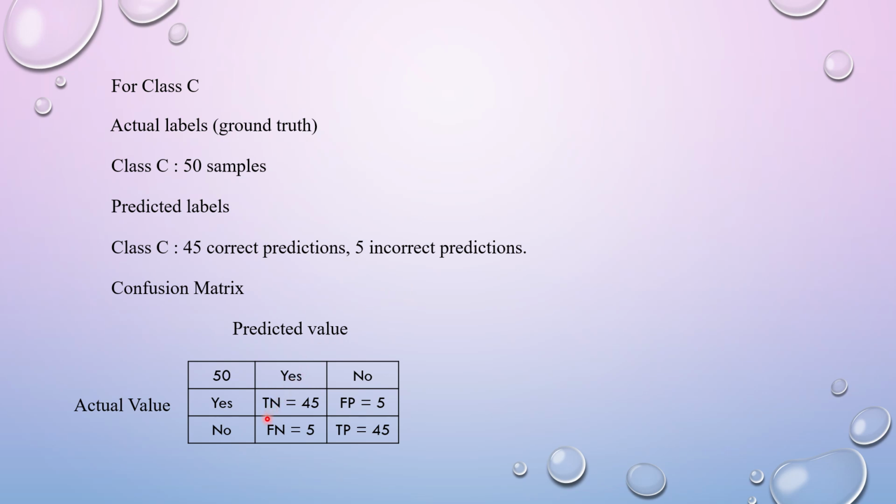TN, that is true negative, is 45, false positive is 5, false negative is 5 and true positive is 45. So total is 45 plus 5 is 50, and 5 plus 45 is 50. This is the confusion matrix for class C.